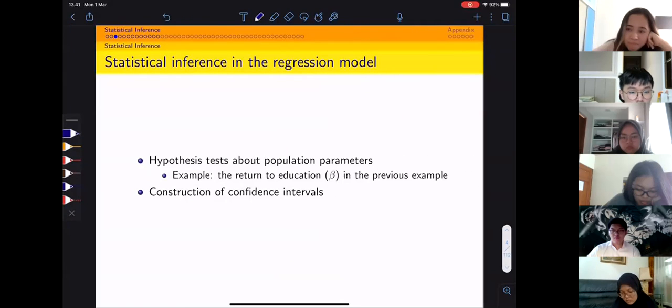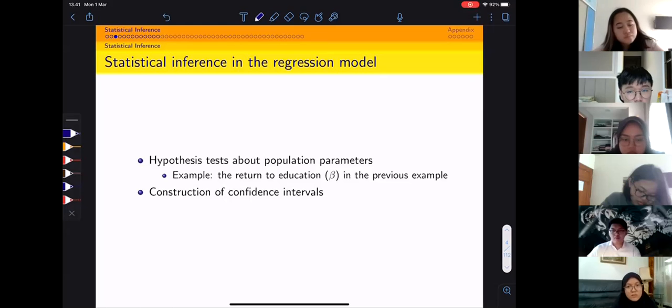So we're going to do hypothesis tests about the population parameters. For example, we're interested in doing a hypothesis test on the return to education. We would also like to construct confidence intervals.